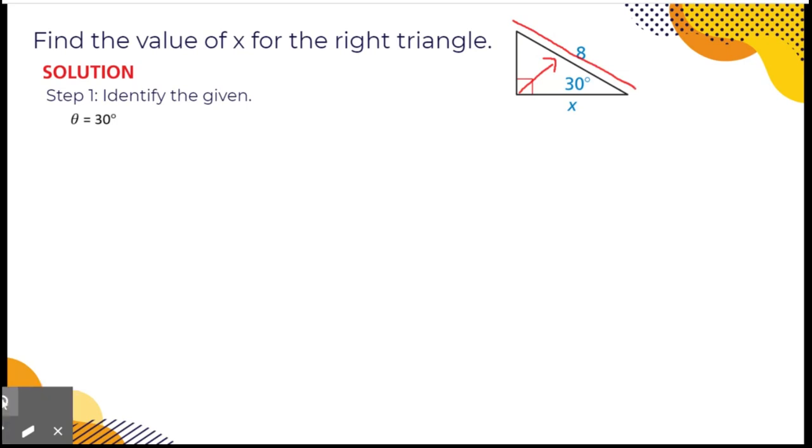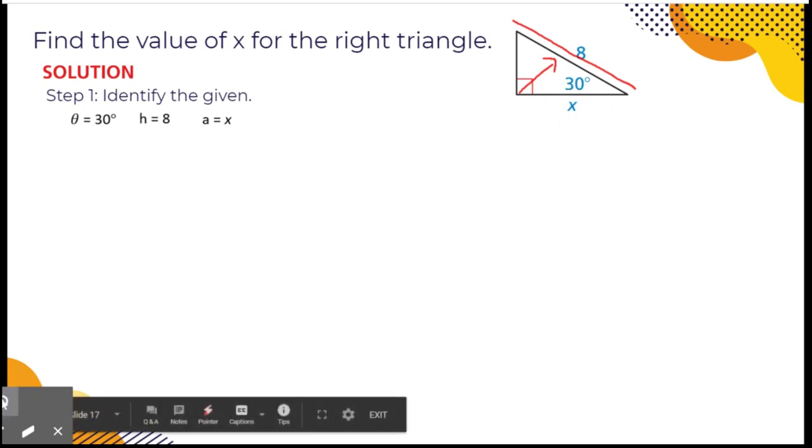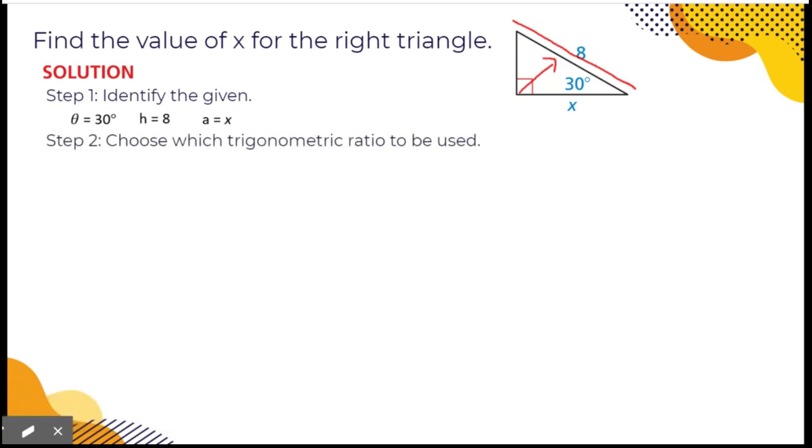Our hypotenuse is equal to 8. And another side here is given, which is not the opposite of our theta, but the adjacent side, which is equal to x.